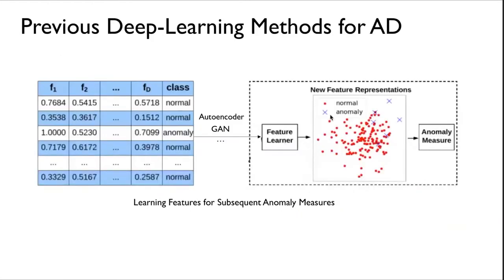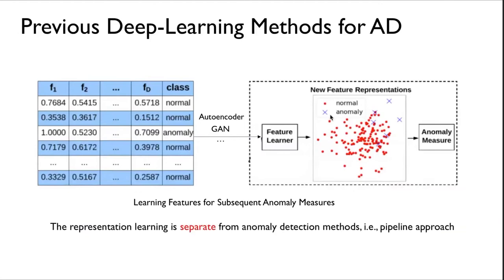Previous deep learning methods for anomaly detection usually adopt a two-step approach. They first have a representation learning model to derive the feature representation of the data. For example, they can use an autoencoder or GAN.